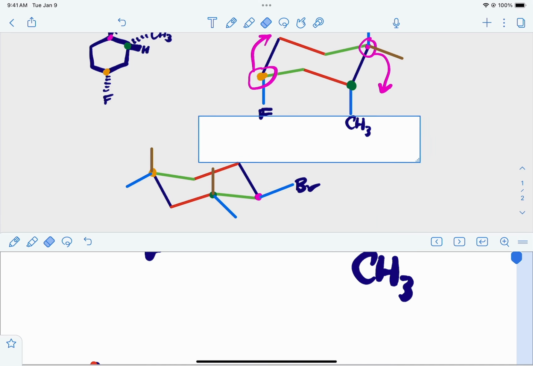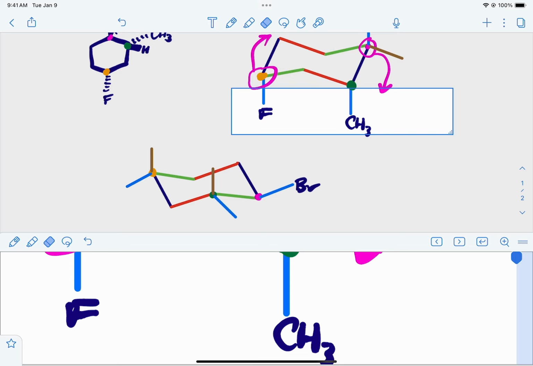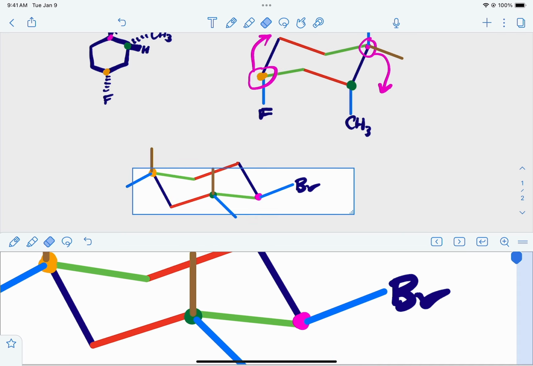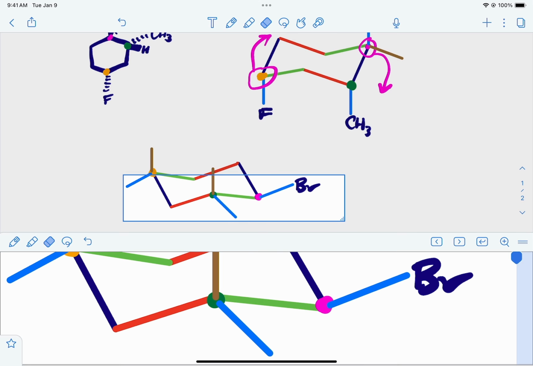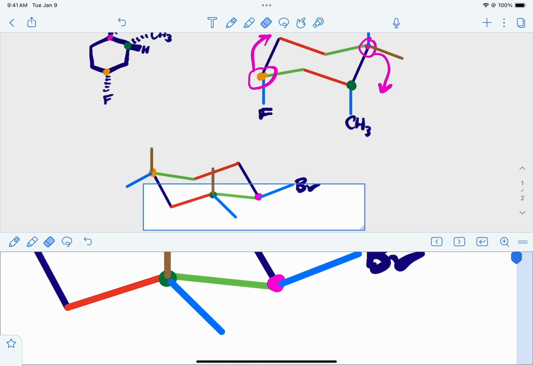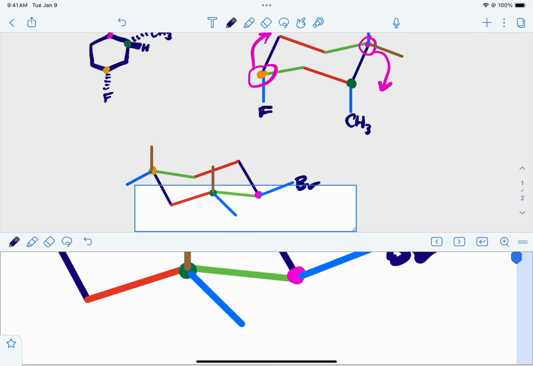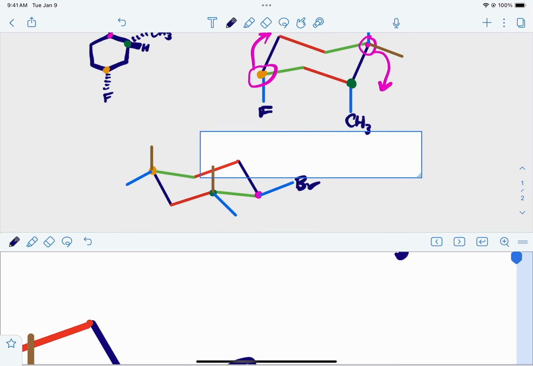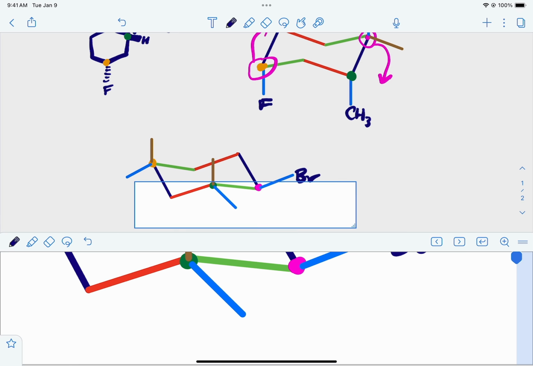Our methyl group was down on the green carbon. So on our carbon now, which is down, well, axial is clearly pointing straight up. So our methyl group must be down. Notice that our line that was down was an axial originally. Now it's down equatorial.